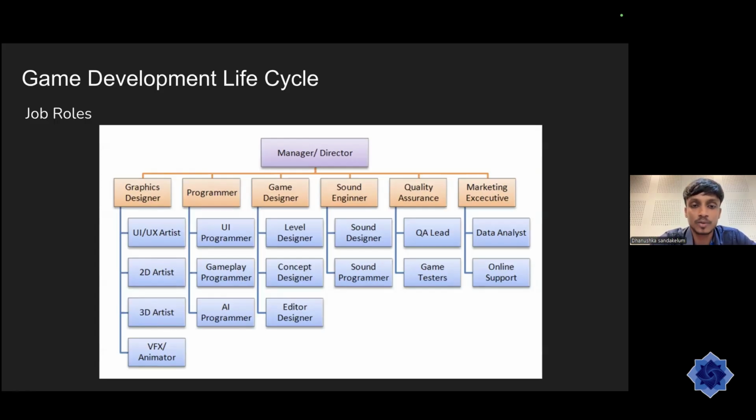But when it comes to the global game development industry, things are much bigger, right? So these are some of the roles. Not only programming; graphic designers also play a huge part, and sound engineers obviously make a massive contribution to the domain, and quality assurance, marketing, everything is there.